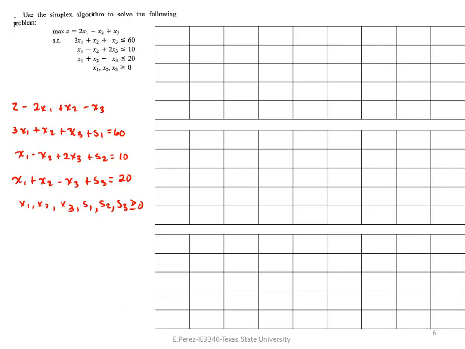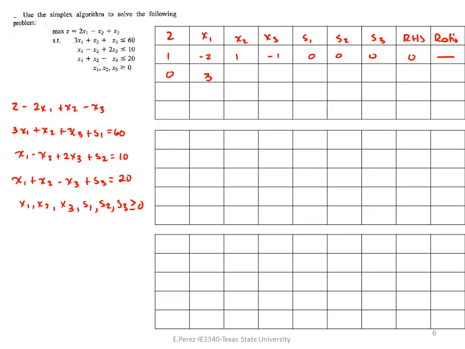So we do the same thing. Let me write those headings: C, x1, x2, x3, s1, s2, s3, right hand side and ratio. So we start with the problem. 1, minus 2, 1, minus 1, 0, 0, 0, 0.